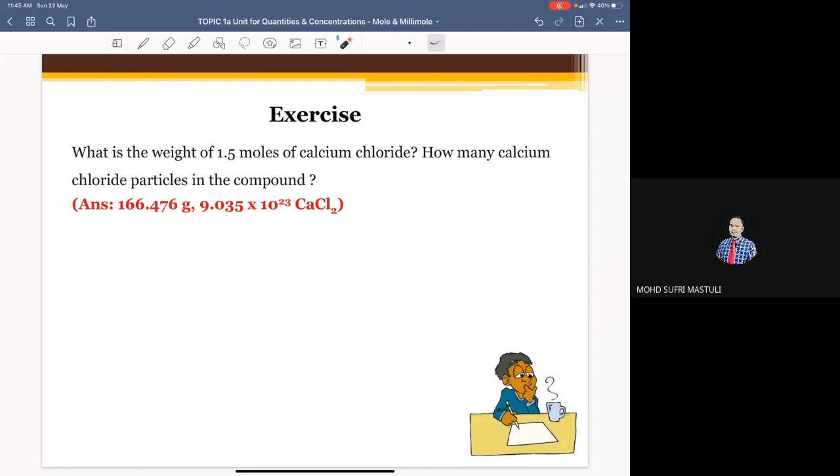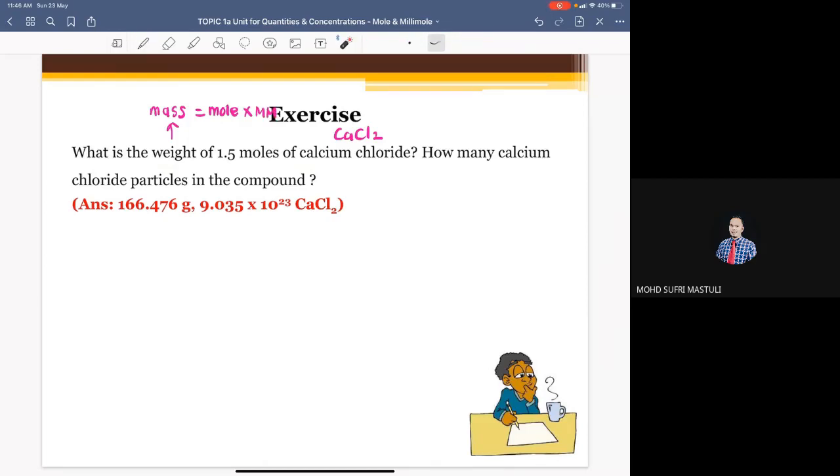What is the weight of 1.5 moles of calcium chloride? It is asking you about the mass. This weight also can be what is the mass of 1.5 mole of calcium chloride. So in order to calculate the mass, you know it is mole times molar mass.